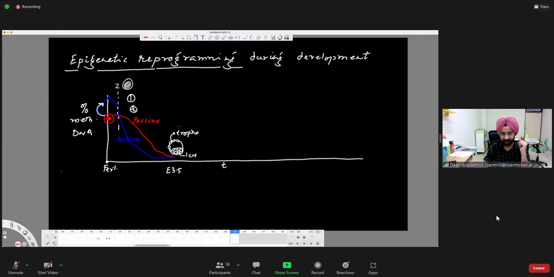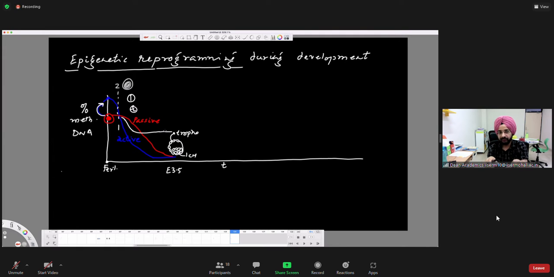So if you plot the trophoblast, then your trajectory would be different. Let's say this is the average trajectory coming up. So the trophoblast is different, right? The rest of the cells are going to ICM.